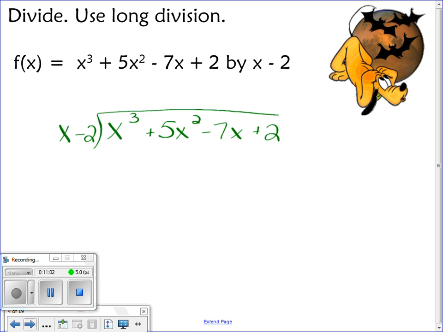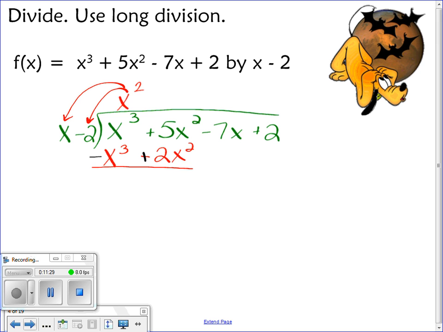All right, so again, first start this. What do you multiply x by to get x cubed? x squared. And then we're going to distribute x squared times x is x cubed. x squared times negative 2 is negative 2x squared. Okay, what's your next step? Change your signs.